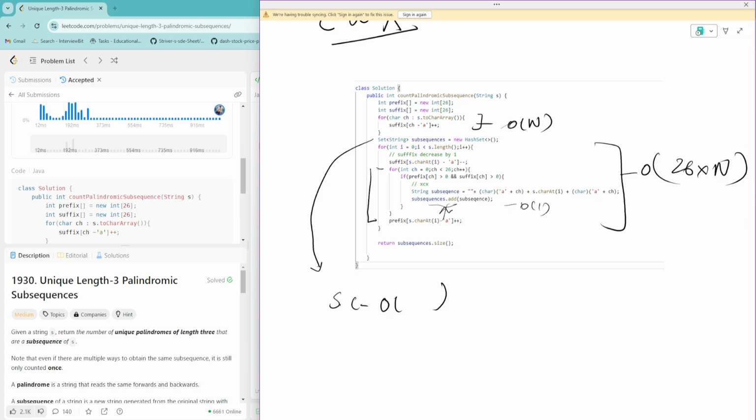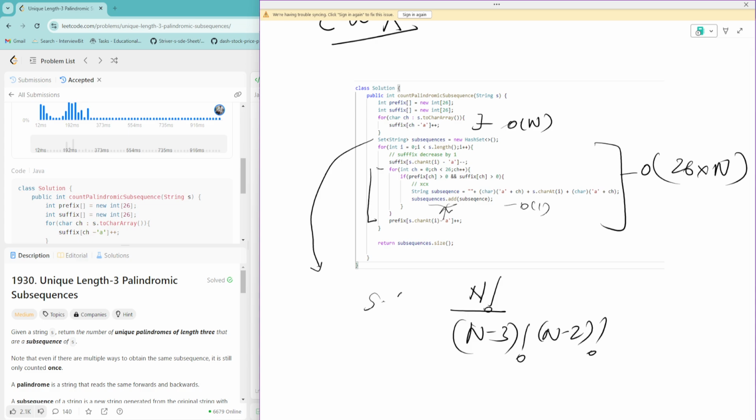So if we consider its space complexity, if the length of the string is n, and we are considering 3 as our maximum length, it would be something like n minus 3 factorial, and n minus 2 factorial.